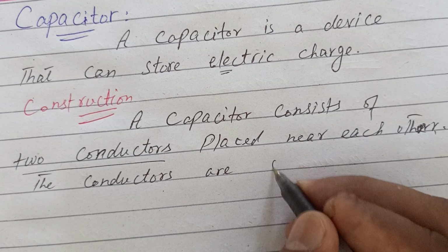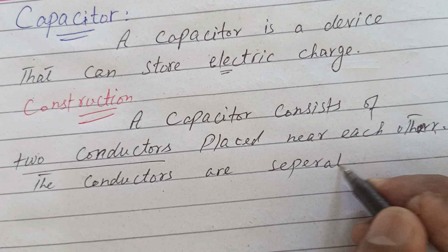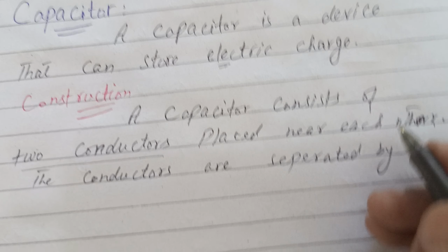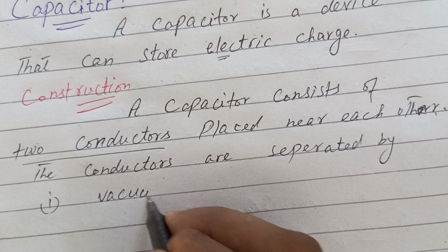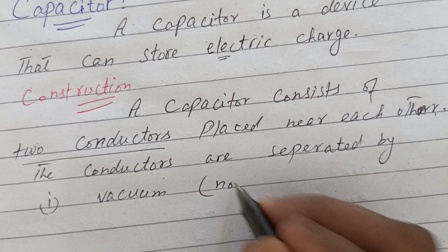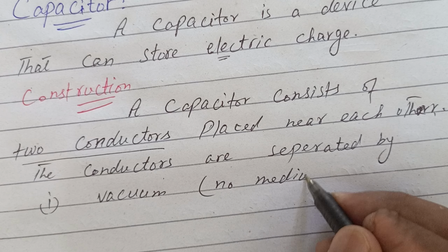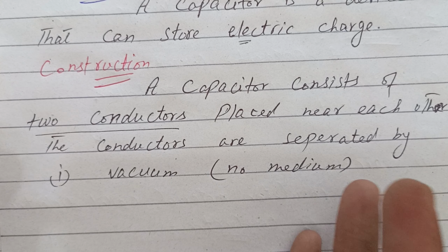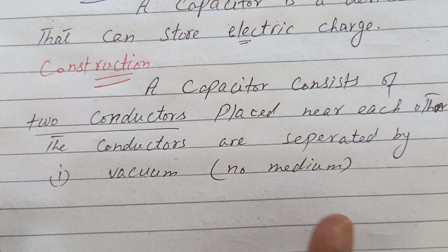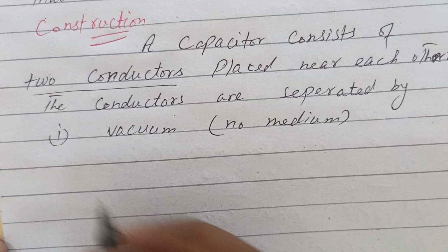And the conductors are separated by vacuum. Vacuum means there is no medium between the conductors. The space between the conductors is empty, that is vacuum.